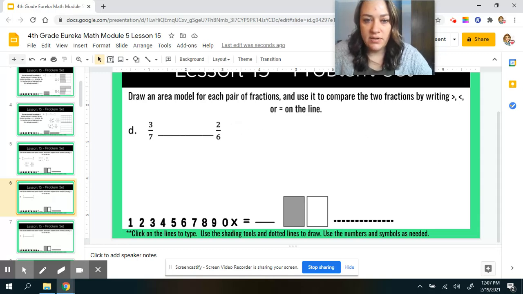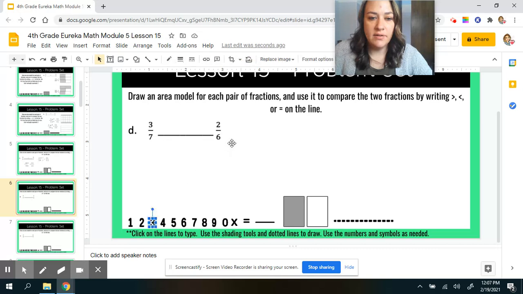All right. 3/7 and 2/6. So we're going to take 3/7, multiply it by our opposite denominator of 6. We're going to multiply top and bottom, numerator and denominator, by 6.